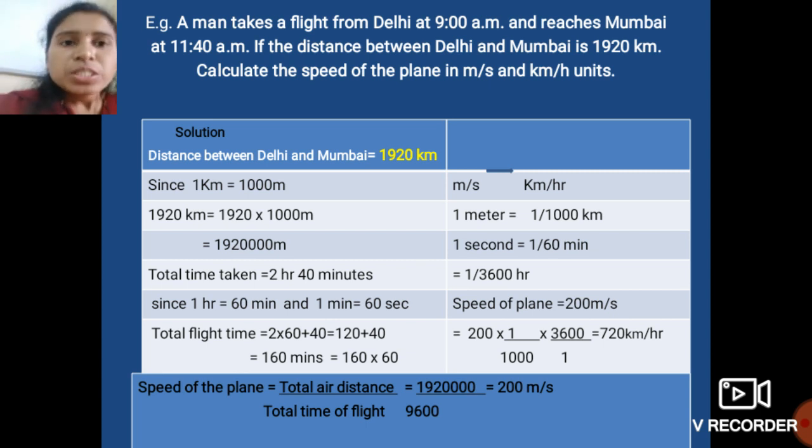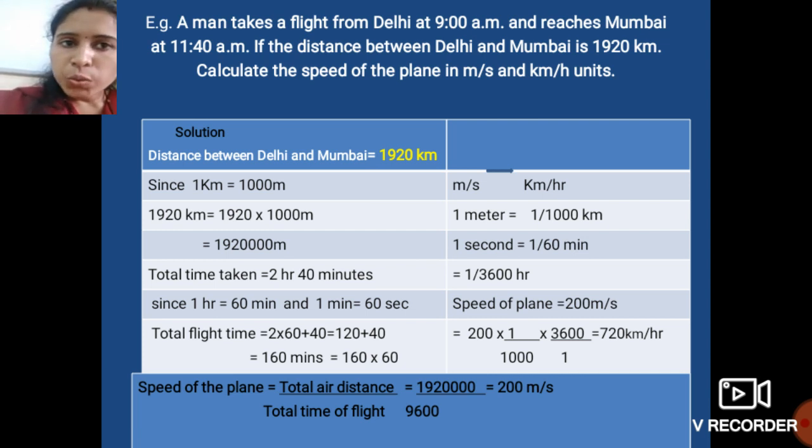See students, this example is a little bit complicated. Here conversions are there. So all of you, please concentrate. We will go step by step, and please understand what I want to tell you.